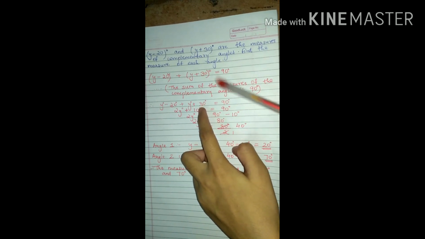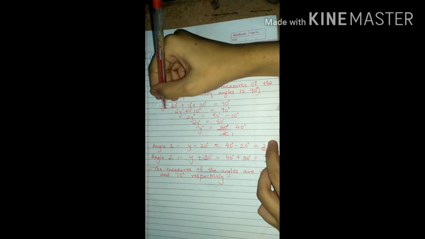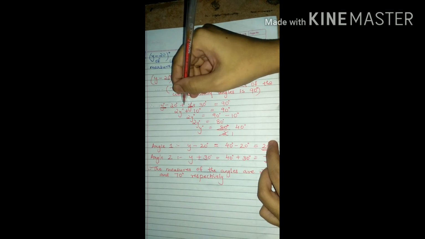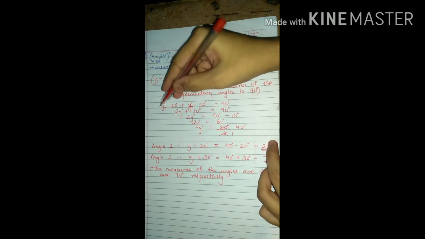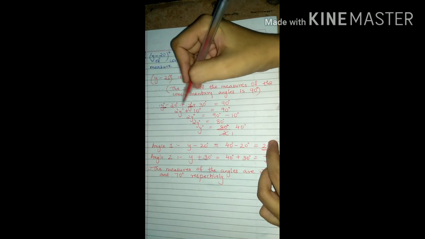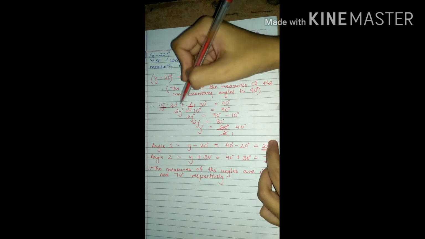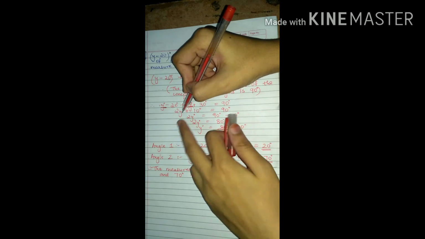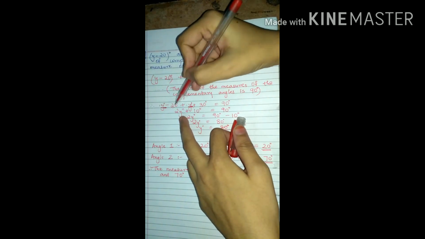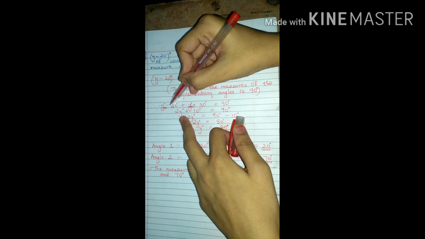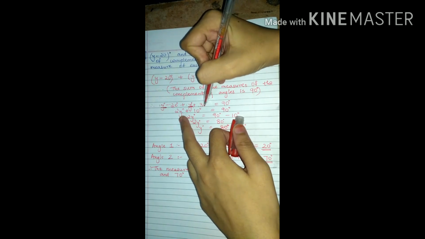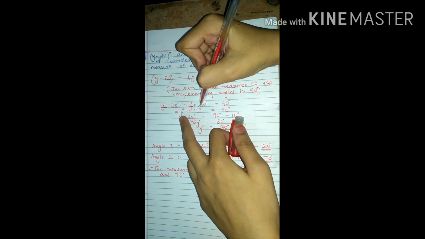90 degree. Now see, y degree, which sign is there before y? Plus sign. So this y and this y have which sign? Plus. So plus y plus y, 1y plus 1y, how much y? So 2y degree. Then see, minus 20 plus 30.